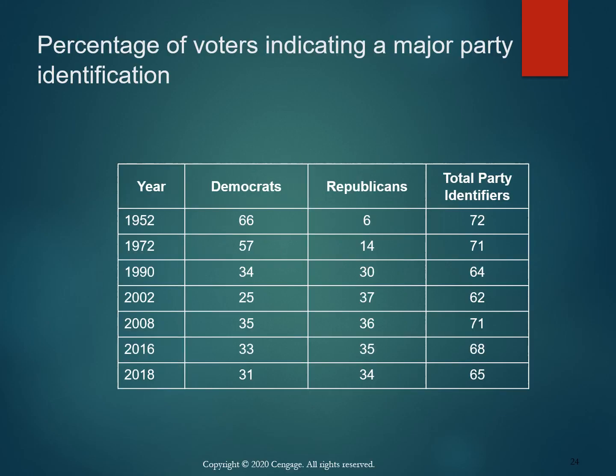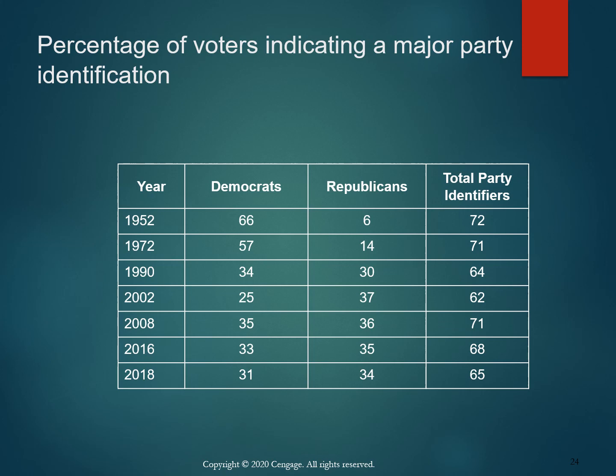Okay, let me show you this particular slide right here. This is a percentage of voters indicating a major party identification. So look, in 1952, you saw that the Democrats definitely had a higher percentage than Republicans, and you had 72% of the voting electorate actually identifying with a party. In 1972, the percentage was close to the same, but it was already starting to shift a little bit: 57% Democrats, 14% Republican.